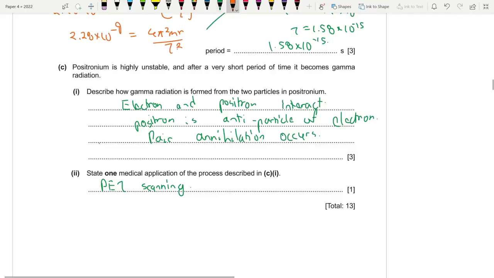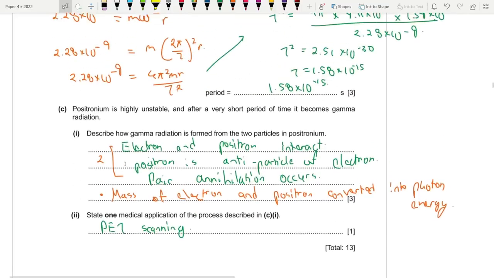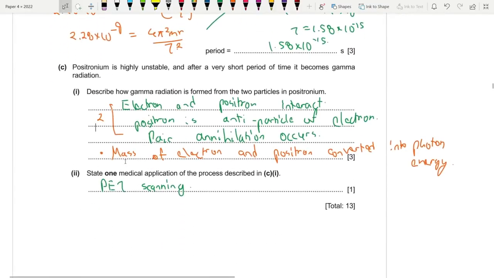So ultimately, you need to say that mass of the electron and positron is converted into photon energy. Understood? So this is 1 mark, and you get 2 marks for writing any two of these. So if you write the first three, you aren't getting full marks. Okay. So see if you understand. We had similar questions in the specimen paper in March of 2022. So you can check those out.